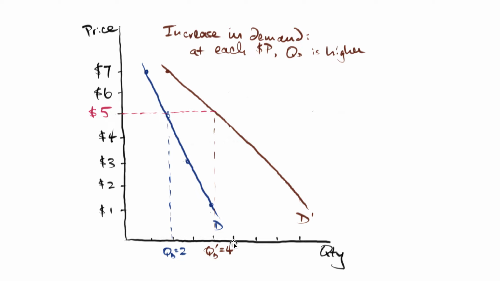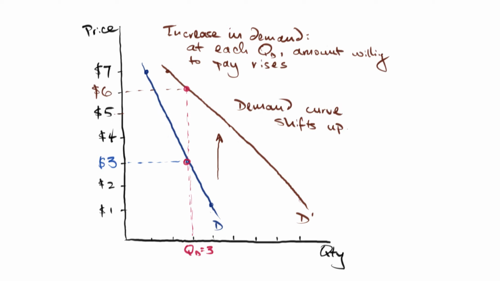So again, something that increases demand will raise the quantity demanded at each price. And it will look like the entire demand curve has shifted to the right. Now, another interpretation of changing demand is that the consumer would purchase the same quantity at a higher price. So here I've drawn the same two demand curves, blue for before any change, the brown demand curve after demand increases.